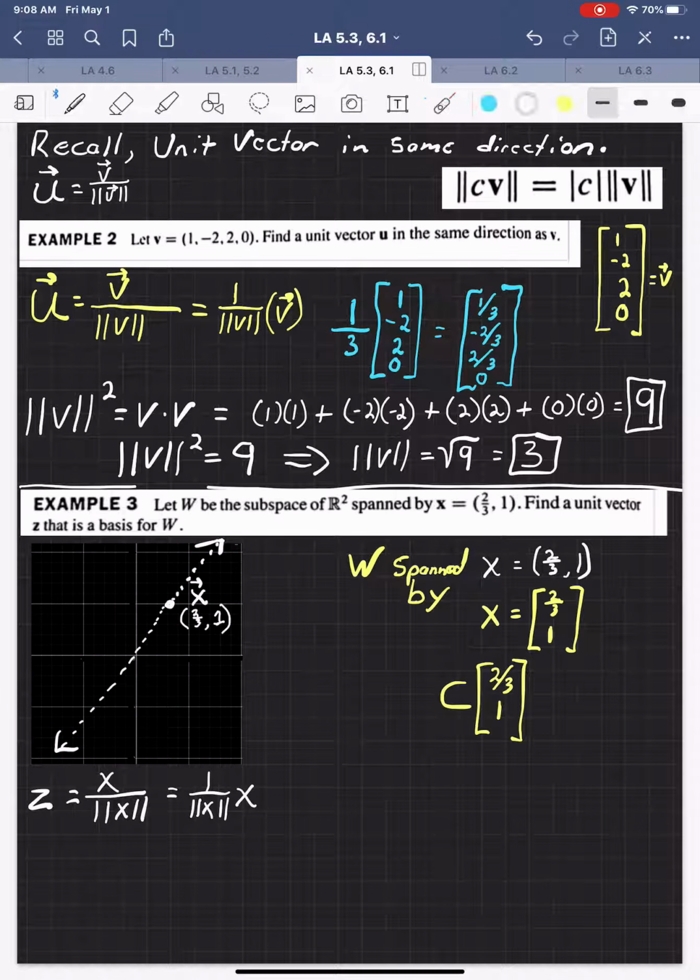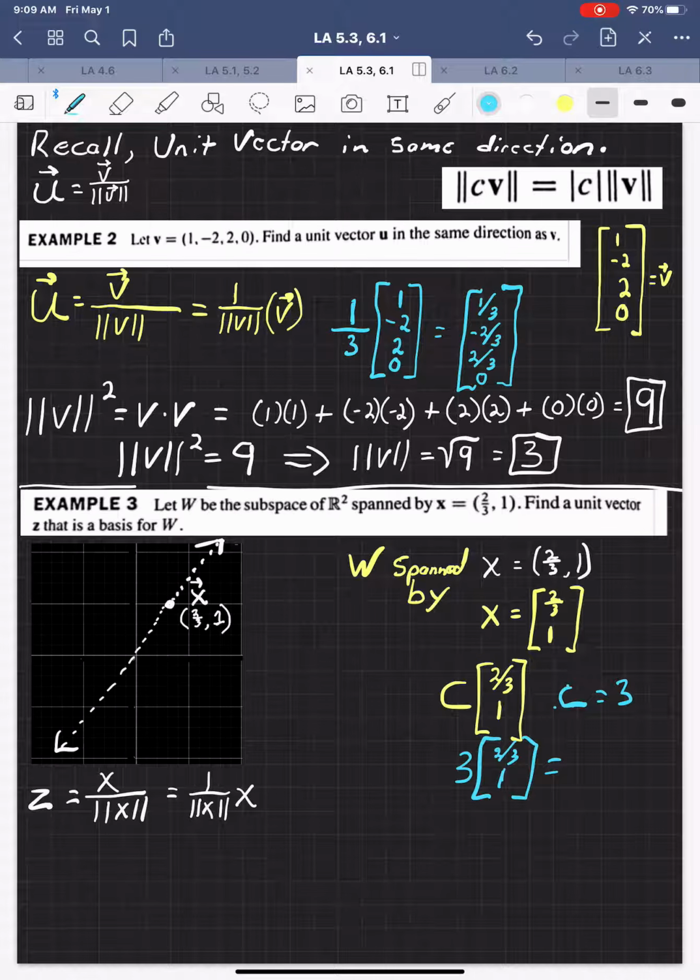So I'm just going to parrot what your textbook does. Your textbook is going to just assume that c is equal to something like, say, 3, so that we can rewrite this vector x without a fraction. So imagine me putting a 3 in here attached to vector x.